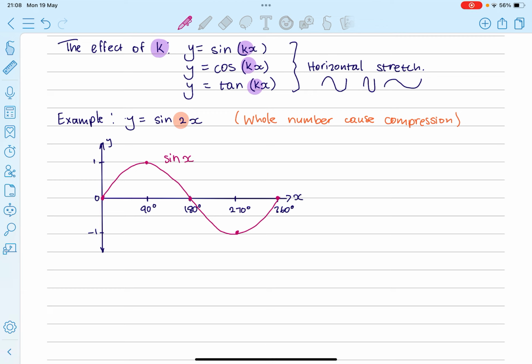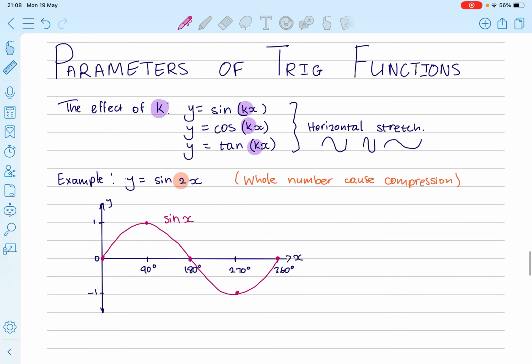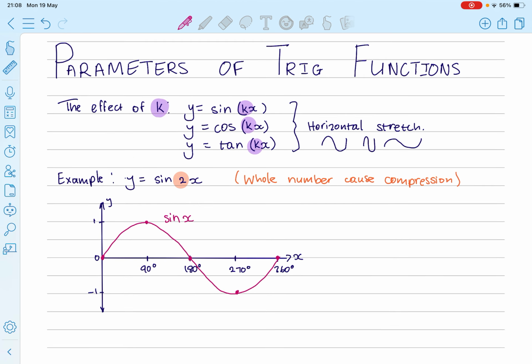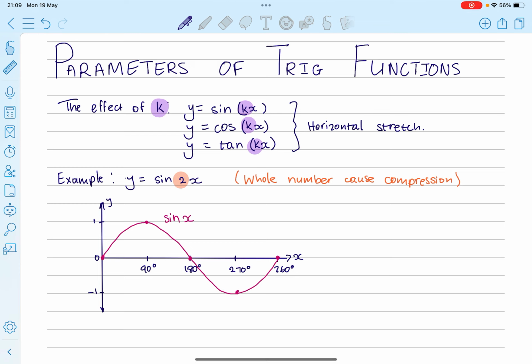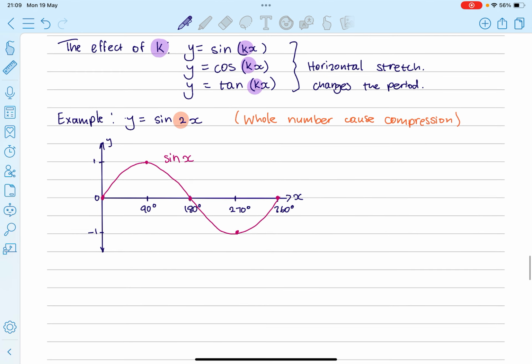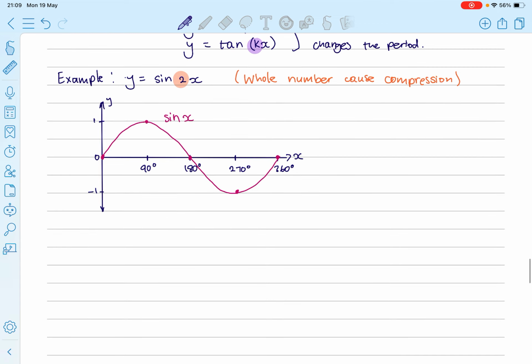So the thing about k is that it also affects the period. So let's add it here. Let's remove those squiggles. And let's say that it causes horizontal stretch and changes the period. So for you to be able to visualize that compression or stretch, you first need to determine what your new period is, because it's going to change.